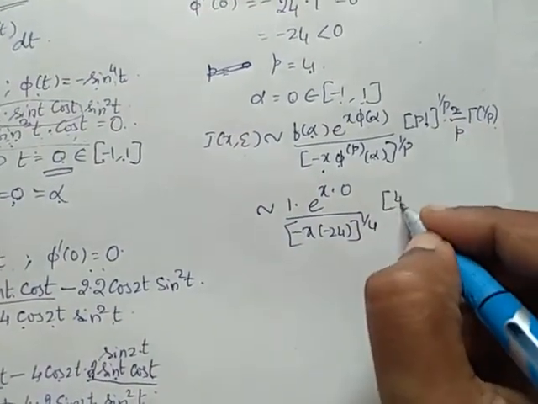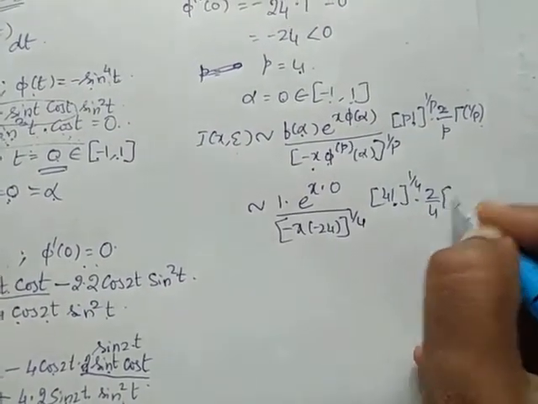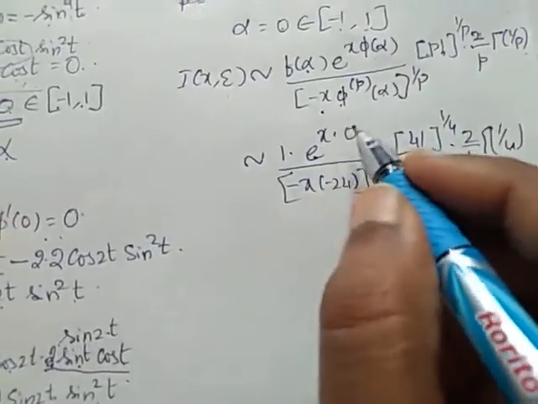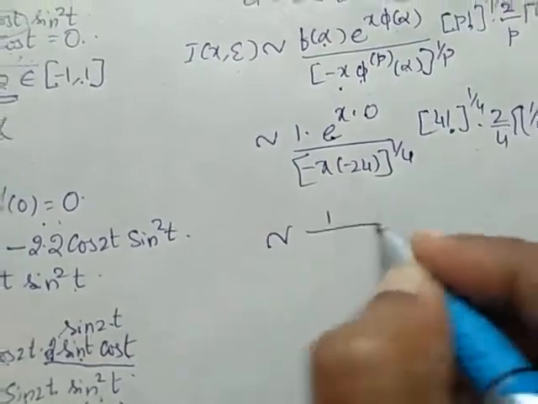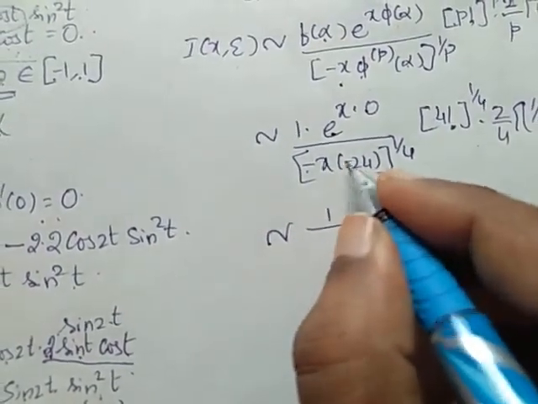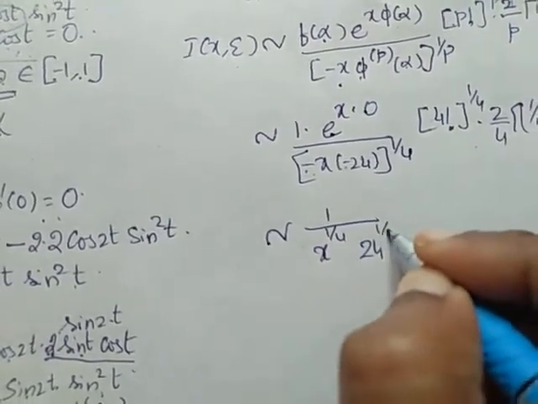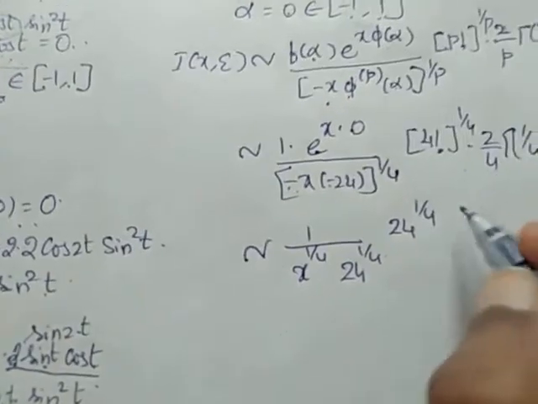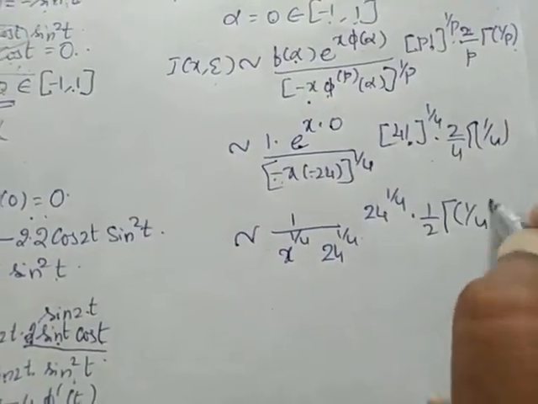This is 4 factorial to the power 1 by 4, 2 by 4 gamma of 1 by 4. So here e power 0 is 1. Therefore we are having 1 by minus into minus plus x power 1 by 4, 24 to the power 1 by 4. 4 factorial is 24 again, 24 to the power 1 by 4. This becomes 1 by 2 gamma of 1 by 4.